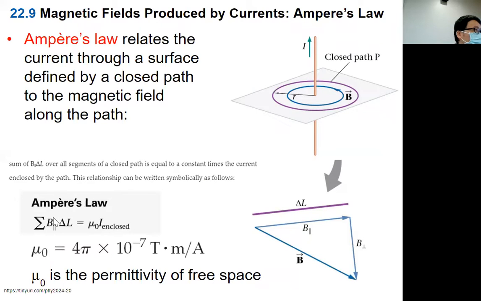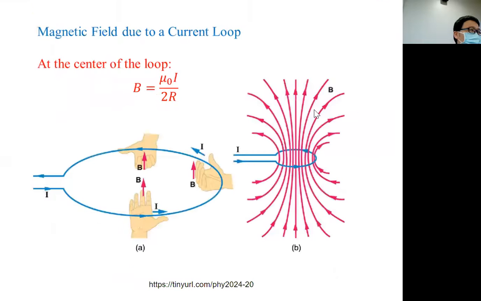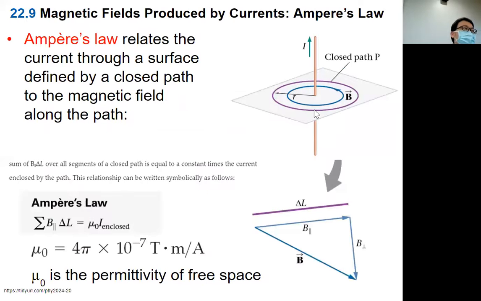If you take the tangential component of the B field along the path, you divide the path into small pieces and add them up. This is basically doing integration of B times L, but we are not calculus-based, so we just divide it into small pieces and add the pieces up.